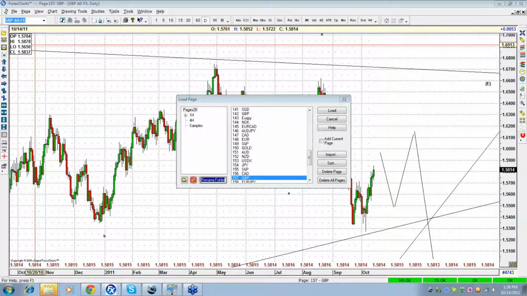I saw that Ed asked for Aussie, Gustavo for euro pound. Okay, there we go. The euro pound, and then we go to Aussie.